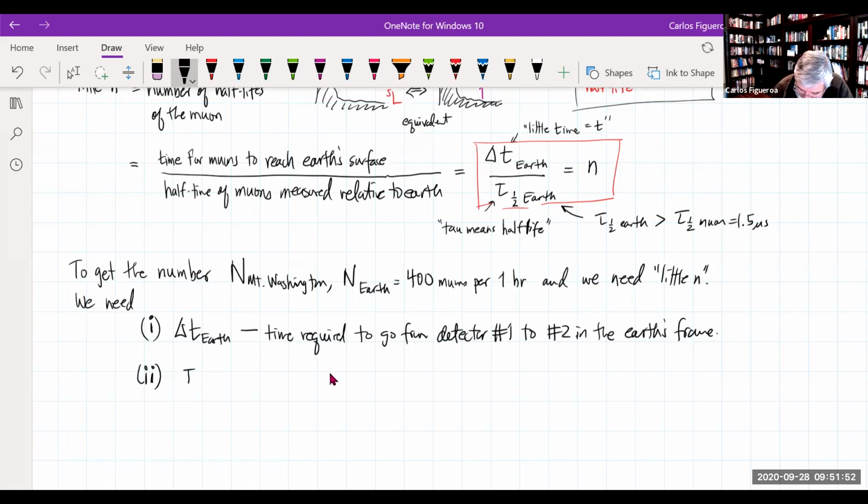So this tau, 1/2 of Earth, while this guy here is the time dilated half-life, relative to Earth. So I need those two things here in order for me to calculate little n. Once I have little n, then I could calculate what the rest is here. So let's go calculate these guys then.